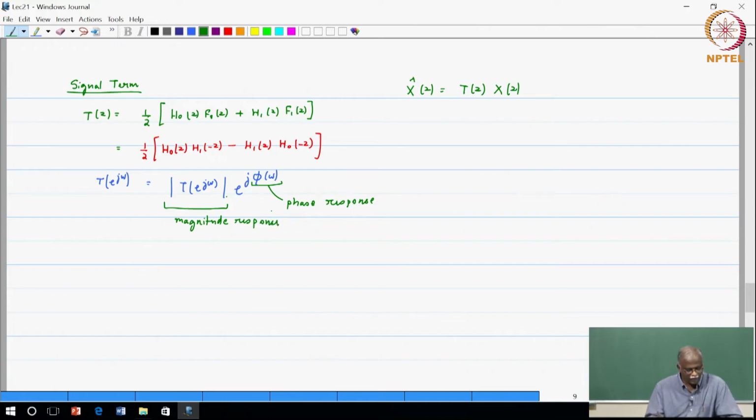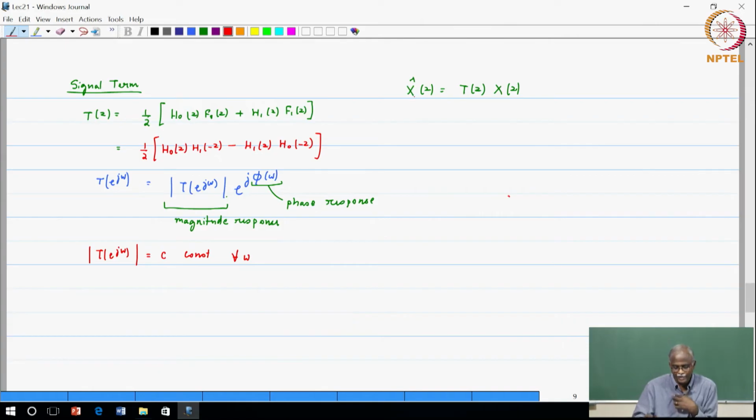So, we have the magnitude response and we have the phase response. Okay. Now, comes a couple of very key observations, very simple but very important. The first one says, if the magnitude response of T(e^{j omega}) is equal to a constant c for all values of omega, then I do not have any magnitude distortion in my reconstructed signal.